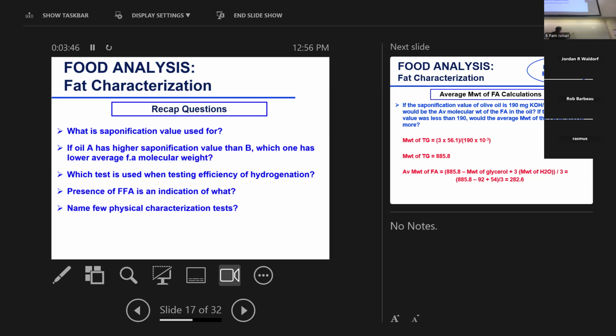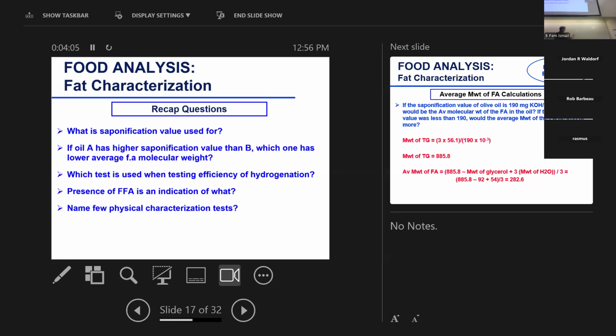If it is shorter chain fatty acid, then it has lower molecular weight. There is more number of moles in 1 gram of sample. With shorter chain, you will have more moles, more molecules to get you to the 1 gram of sample.